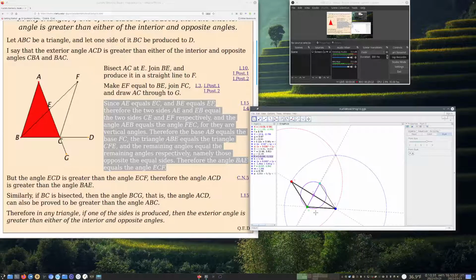And ABE equals, that's going to be EFC or CFE or something like that. Angle BAE equals ECF. Anyway. Okay.